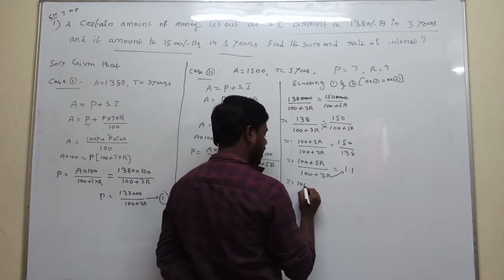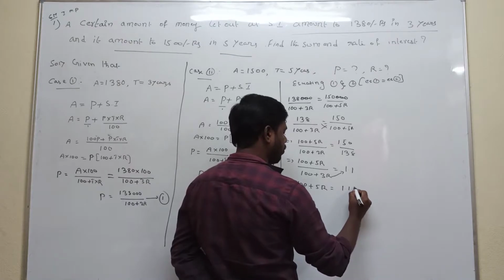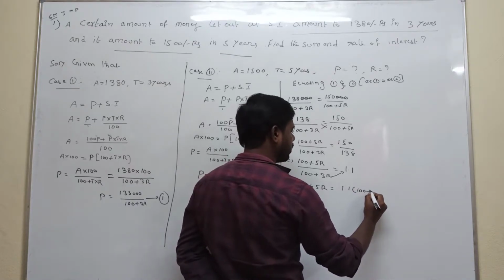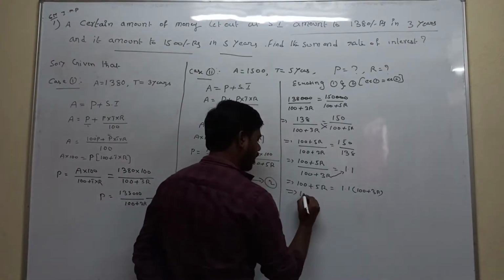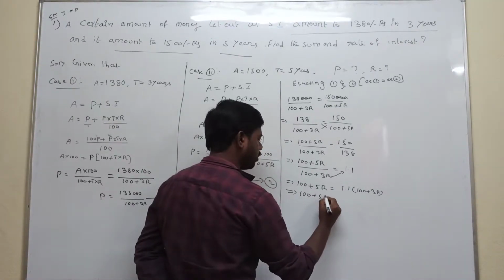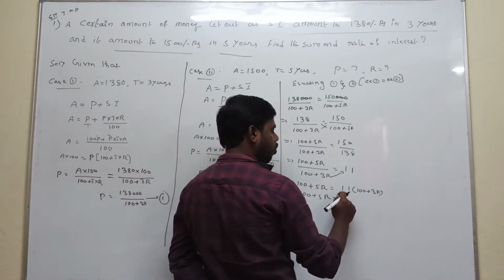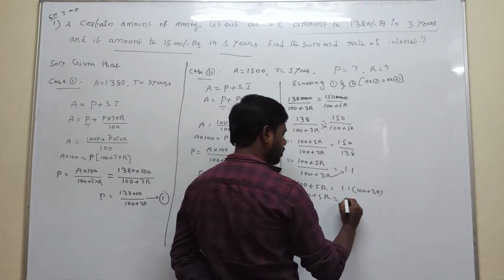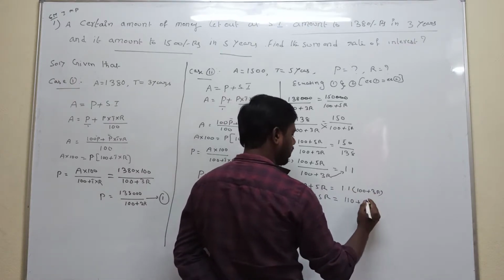So 100 plus 5R is equal to 1.1 times 100 plus 3R, each number multiplied with 1.1. 1.1 into 100 is 110, plus 1.1 into 3R is 3.3R.